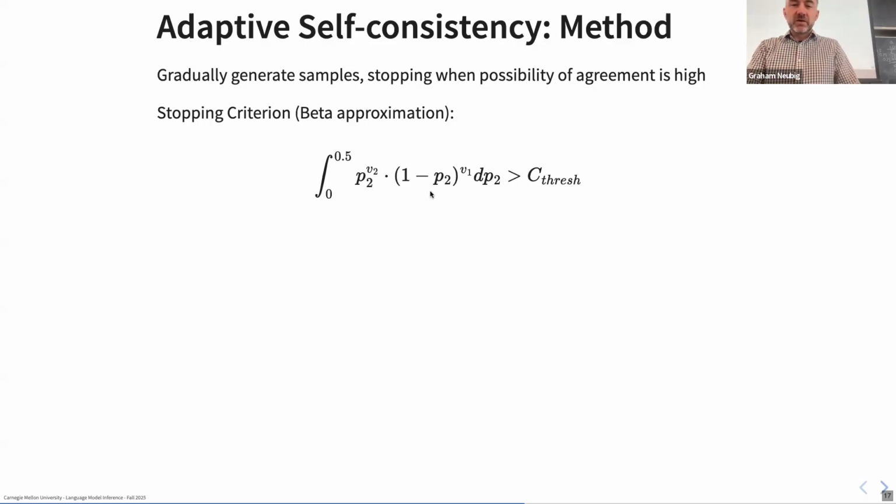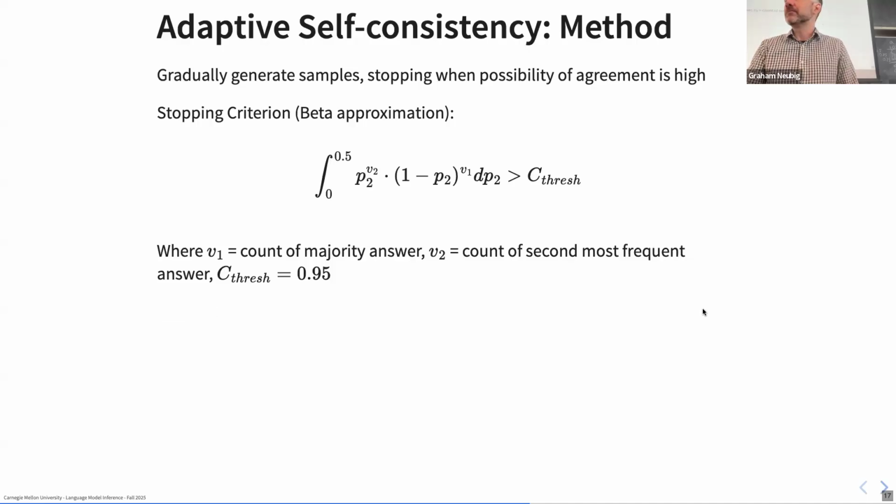Once they have done this, they can calculate whether the probability of the number one output continuing to be the top one, after you sample more information, is over a particular threshold. And then they stop at that point. They set this threshold to 0.95, which basically says I have 95% confidence that if I sample more, I'm not going to get a different result. And so that's how they did this.